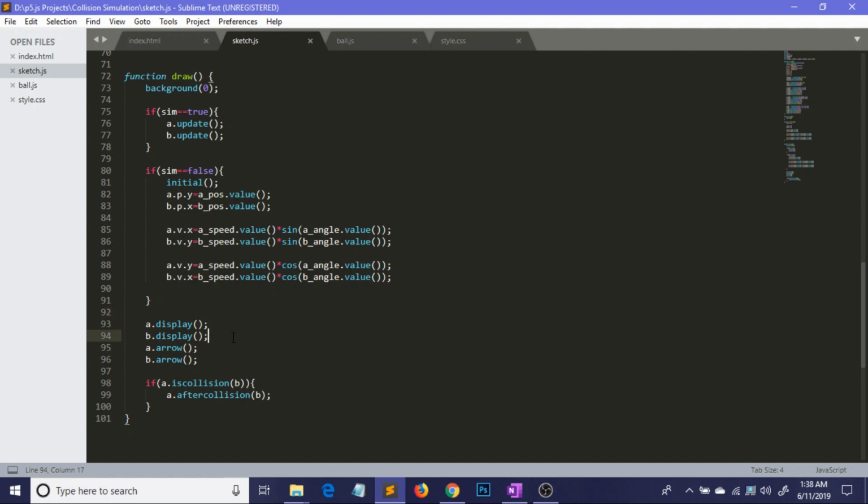And after that we are going to display the balls, and after that we are going to display the arrows also. And at last we are going to check if the collision actually happened or not. And remember that the draw function actually loops over and over. So this is the function which is going to give you the animation effect.